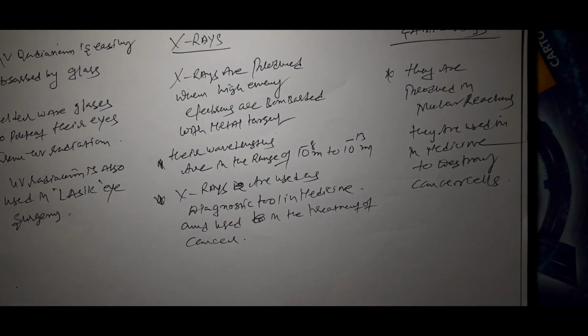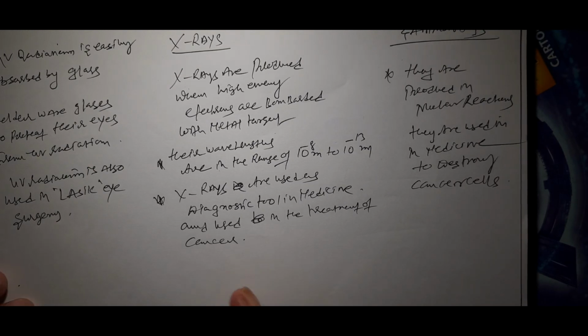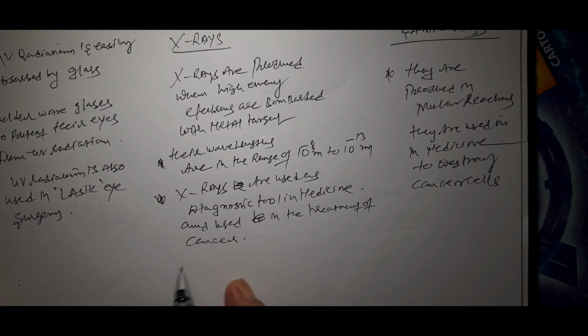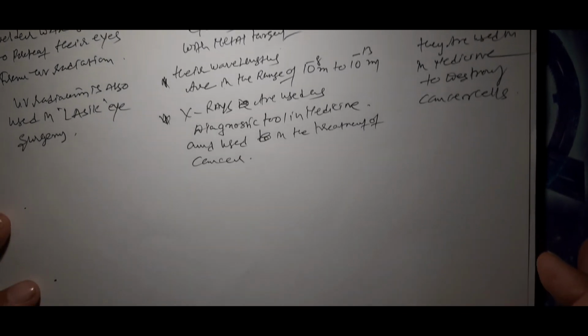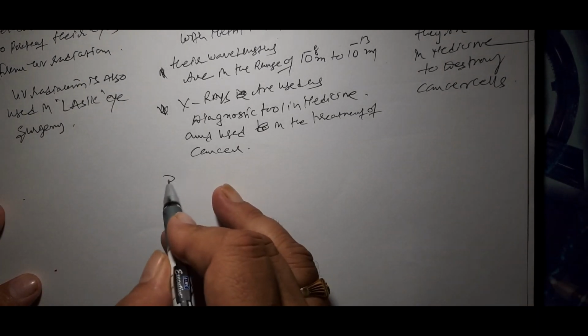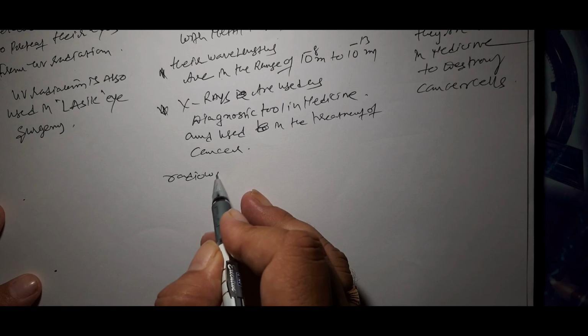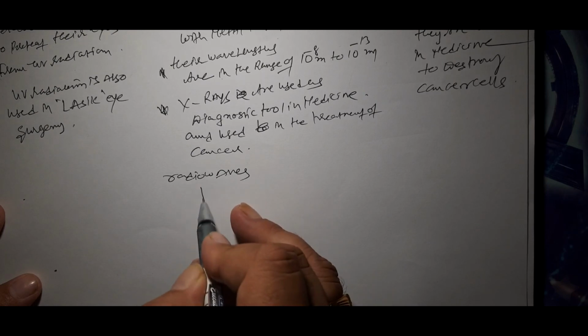Now I arrange these electromagnetic waves in the order of decreasing wavelength. Among all electromagnetic waves, radio waves have the highest wavelength.